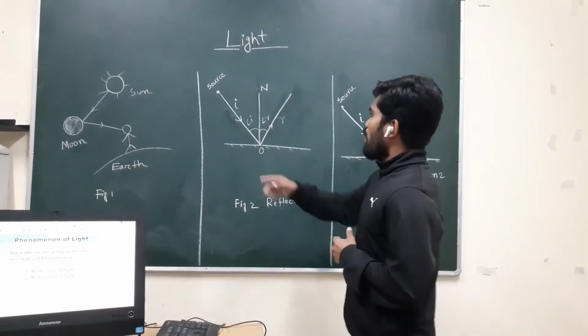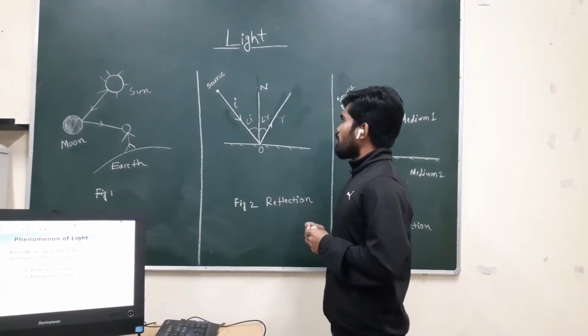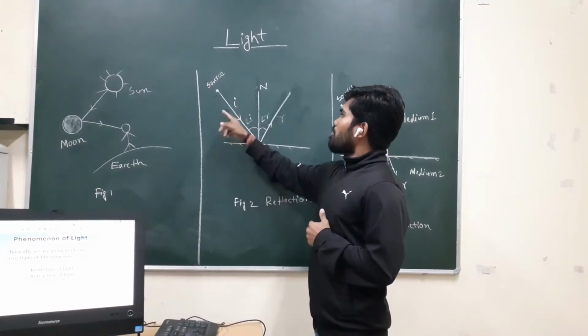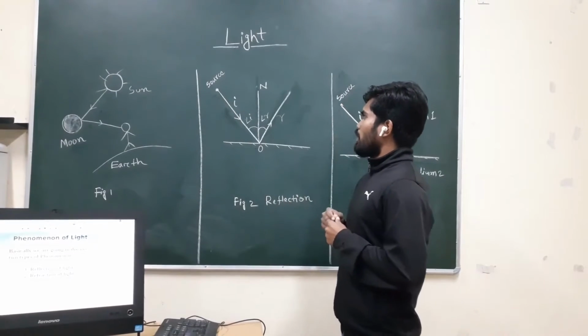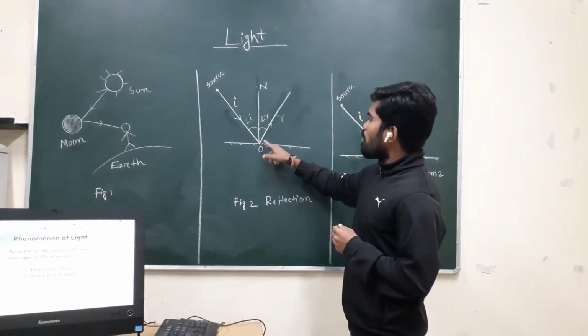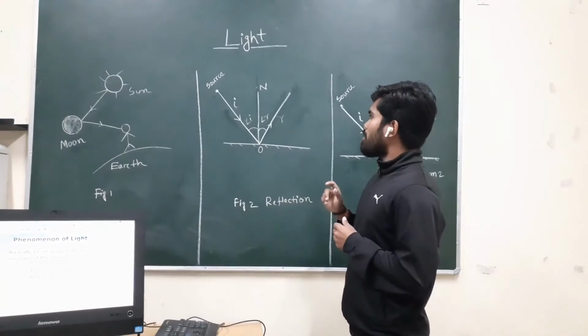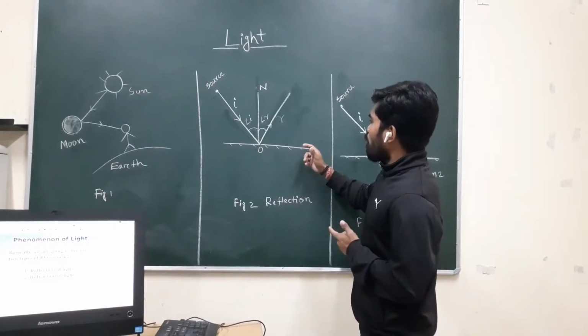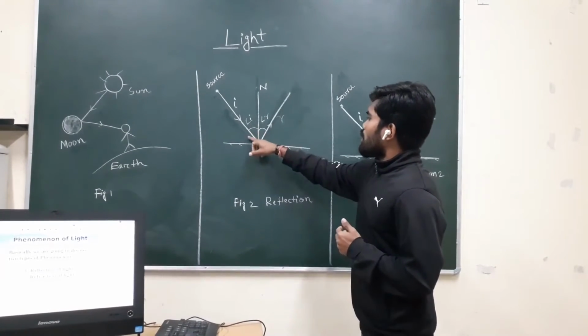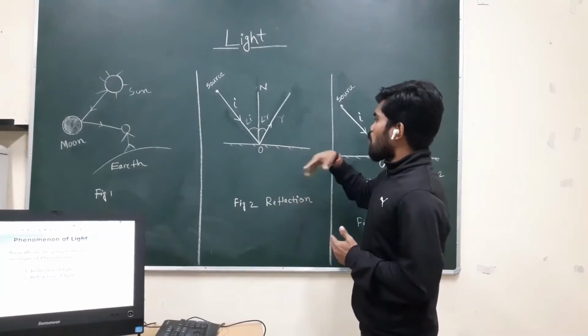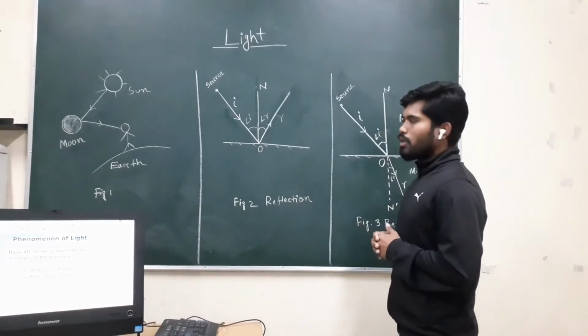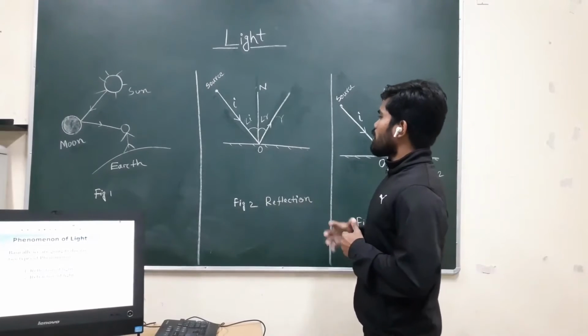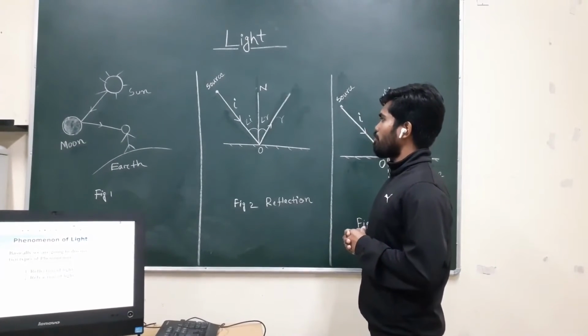We have a source of light here. When a ray comes from this source of light and falls on an object, after falling the ray is reflected back towards the same medium. This phenomenon is known as reflection of light.